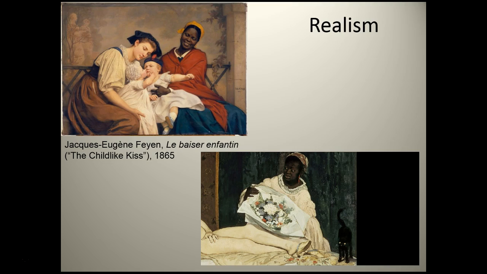So Edouard Manet in his Olympia has the same sort of composition, and he also exhibited his painting in the very same salon where Féon's painting was displayed. And there are some similarities. When we look at Féon's painting, there's a similar contrast in skin color between the two women, denoting their different occupational and social statuses.